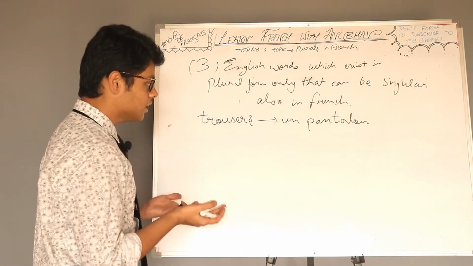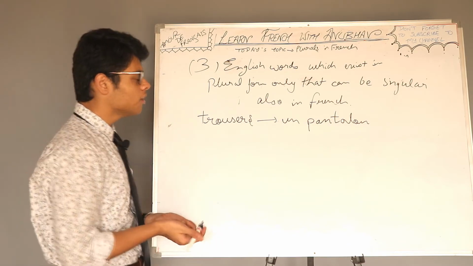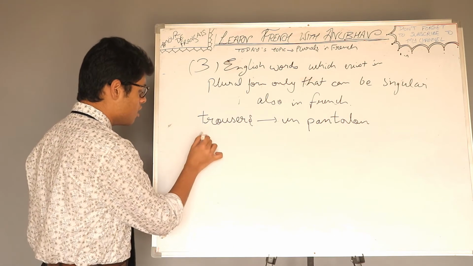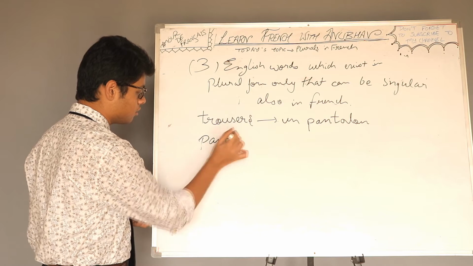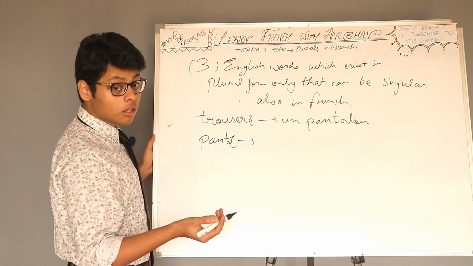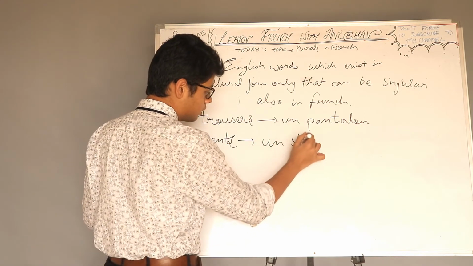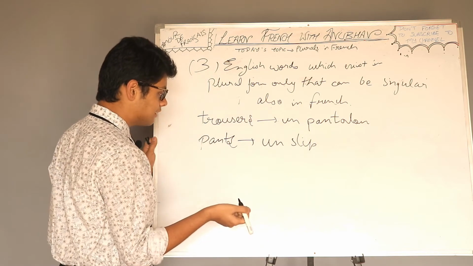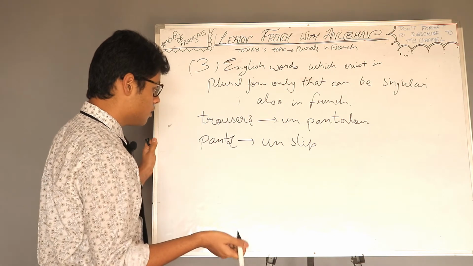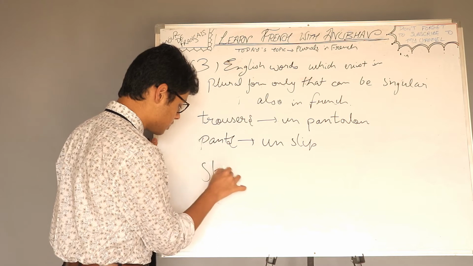This one makes even more sense because a pantalon we can make des pantalons also. It's not a problem. Just write des and add an s right there. Next we have pants. Don't say a pant. We say pants. Un slip is the word which I got for pants from the books which I have. Then we have shorts.